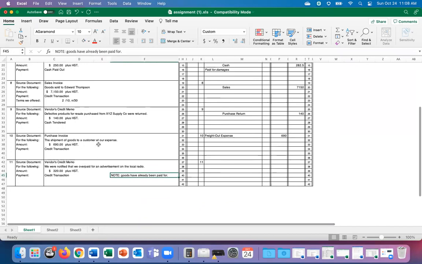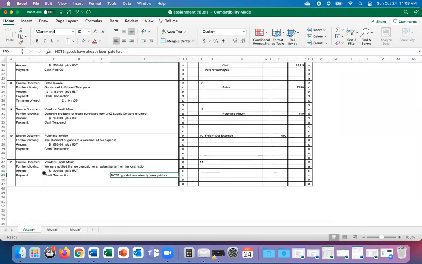So although we paid them on credit, or we might have had an accounts payable account set up for the radio station to pay them for our advertisement, we have since paid them. So we sent them money or a check or something to pay for our advertisements. And then later on down the line, they found out, oh, hey, you paid too much.